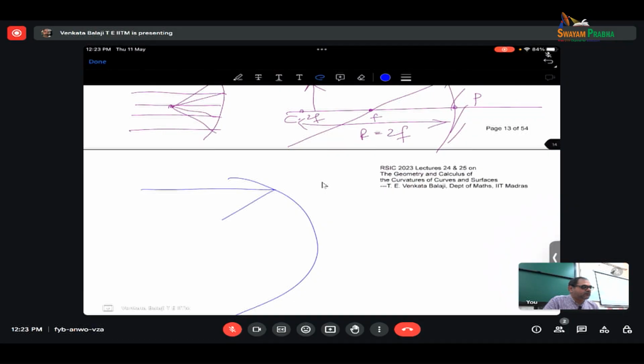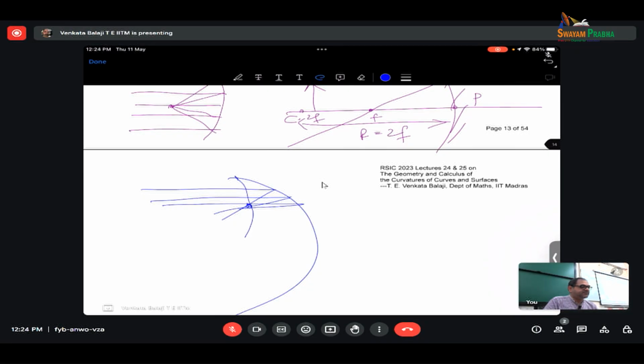So when you have this circular thing, when you draw rays like this and then look at the reflected rays, these reflected rays kind of coalesce. There are points where nearby rays seem to meet, and if you plot all those points, that means you are taking the envelope, then the envelope gives you exactly this cardioid.